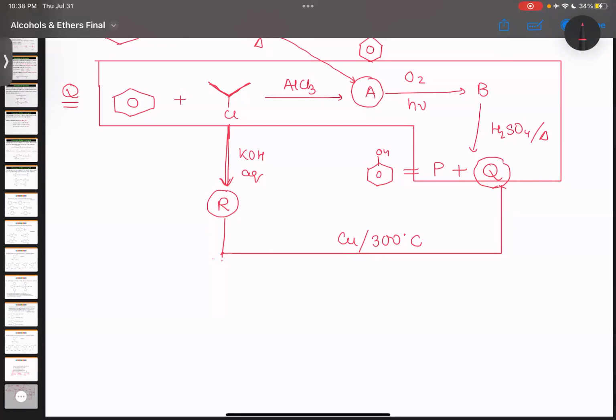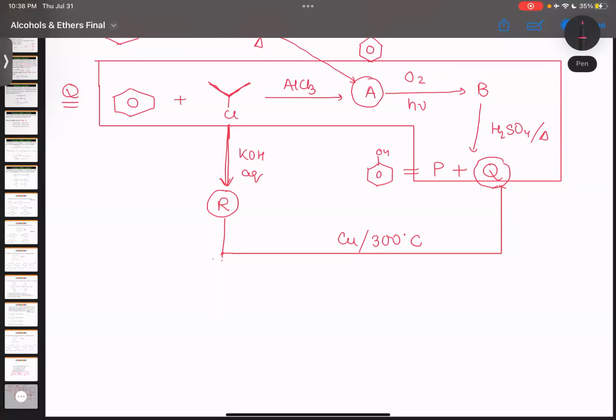So the aqueous KOH will remove Cl. Aqueous KOH and alcoholic KOH, two reagents were there. Now tell me. Q is acetone.